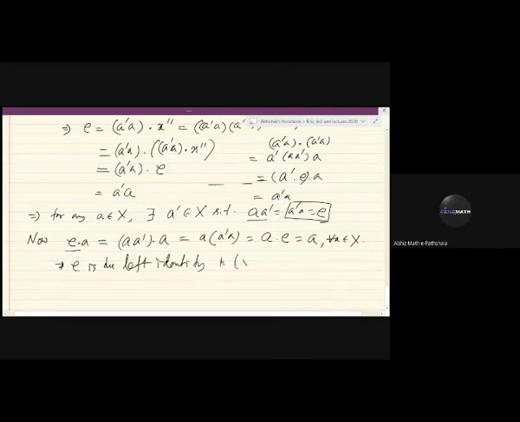So after that, you can say that this a dashed is the inverse of a. That means you have proved two things simultaneously. One is the left identity, and another one is that for any a, you can have a unique inverse. And this proves that X dot forms a group, right?